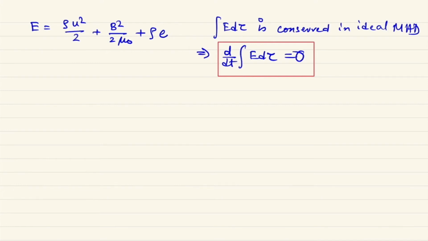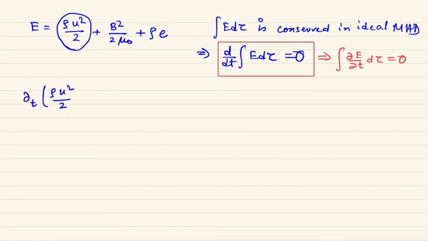So we have to show that the integral of del E del t d tau is equal to 0. We start with the different pieces of E. First one is the kinetic energy term, del t of rho u square by 2. I personally prefer writing it like this.